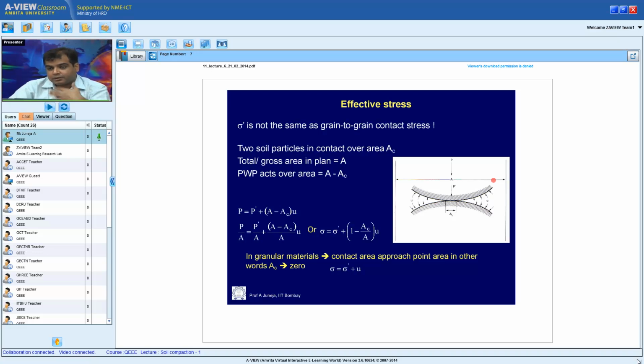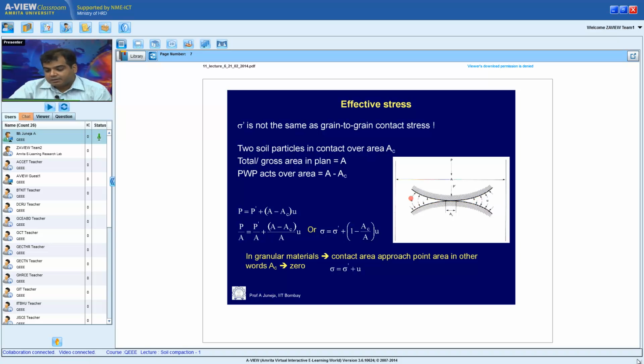I'm looking at a two-dimensional figure, but take an example that the third dimension comes out and hits you. So it's the complete area, capital A, and this A_c is the area of the contact of the two particles. So in other words, capital A minus A_c would be the area over which I have this empty space.